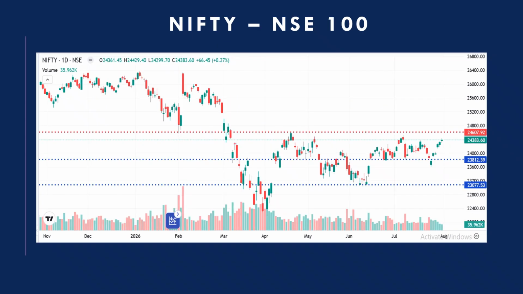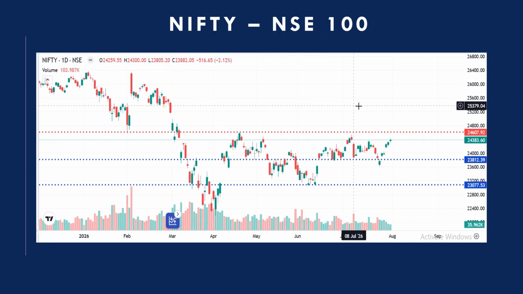The chart on our screen is that of Nifty, which is the Indian National Stock Exchange Index, and we're looking at the daily chart. Nifty is making its 5th attempt at clearing the resistance area at 24619, which could still have some sell orders left behind, but most of the orders must have gotten depleted, and we could expect a breakout of this area on the next attempt of Nifty reaching 24607.